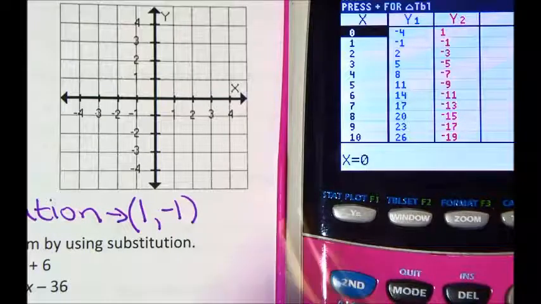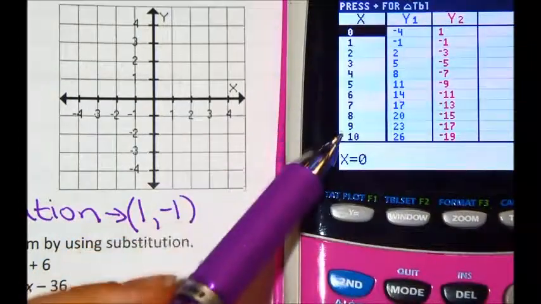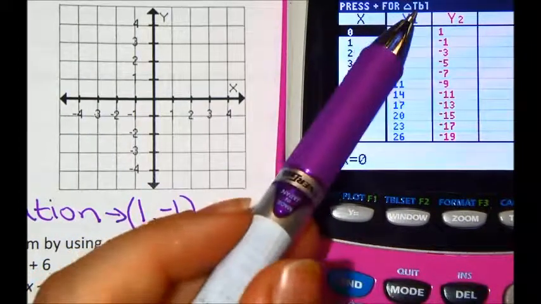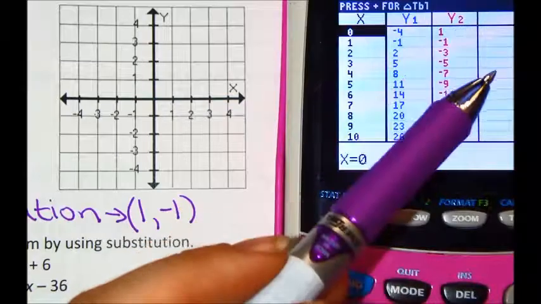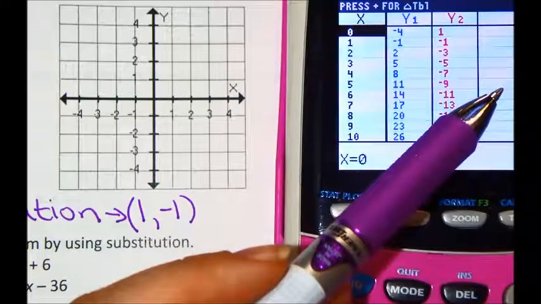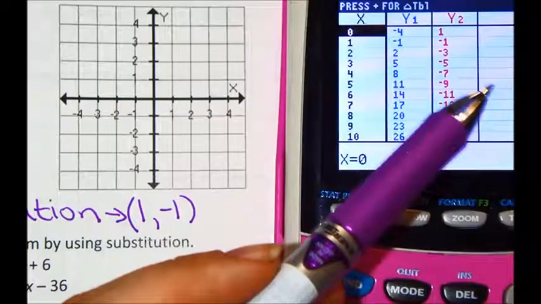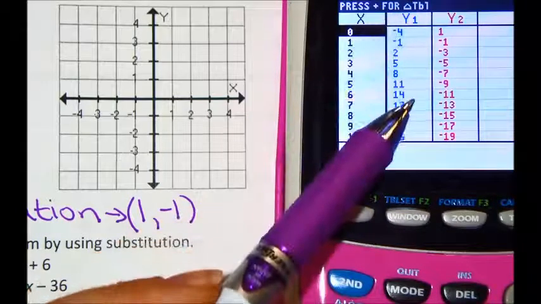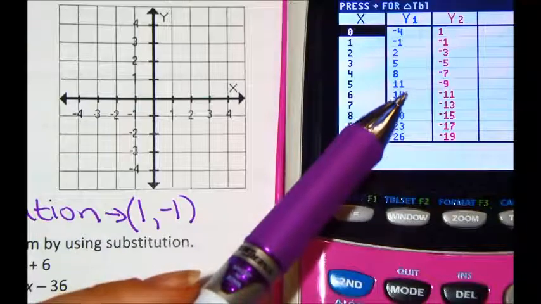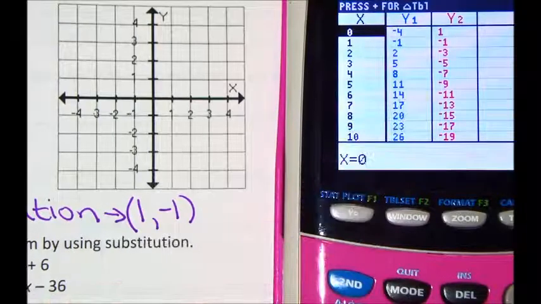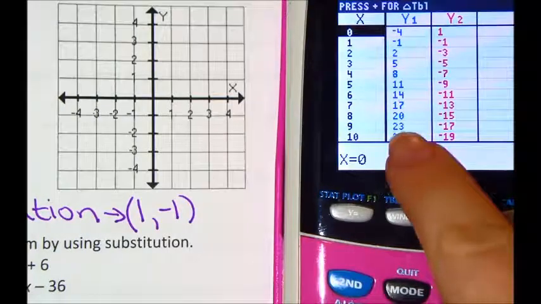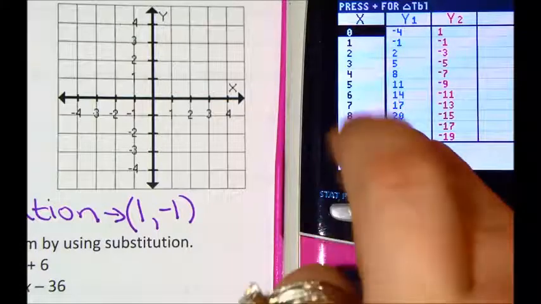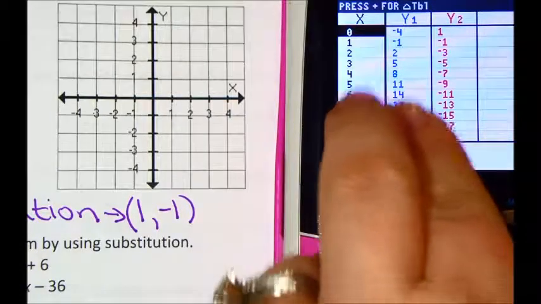You can see that I have one column with x values, and then I have two columns with y values. This is because we have graphed two separate equations. If you have a color calculator, then your columns will match the color that you had for y equals. This first equation is graphed in blue.